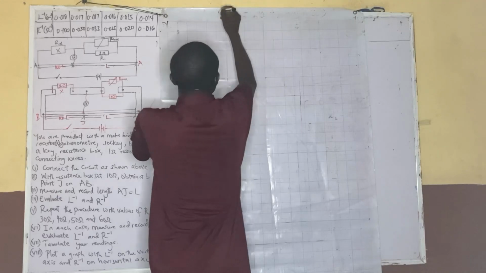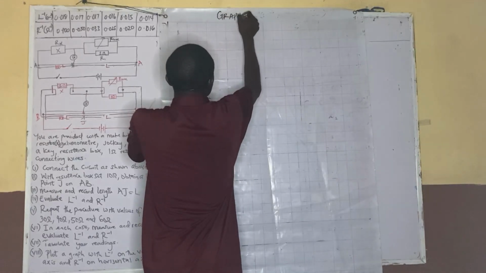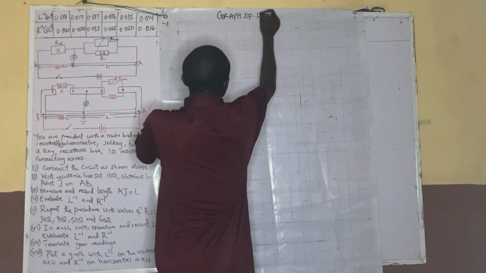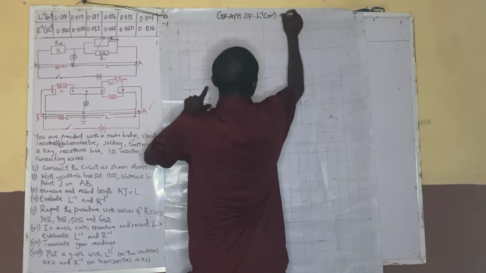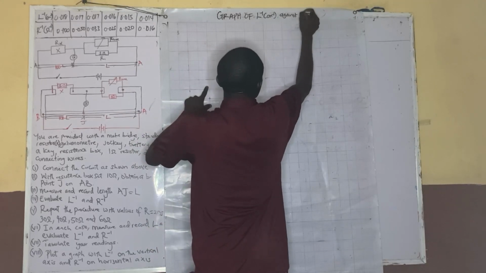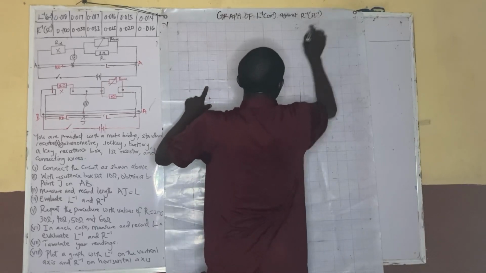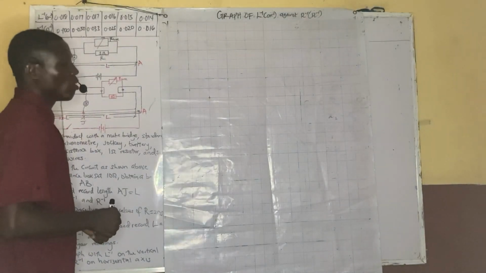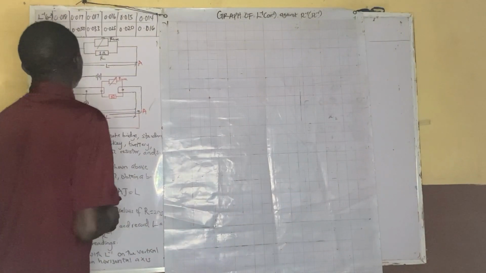We have graph of L inverse, which is per centimeter, against R inverse, which is per ohm. So now, I will write this one. The first thing that should come to your mind is my scale.